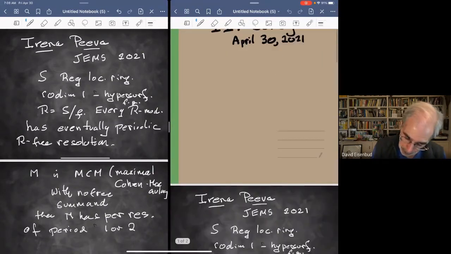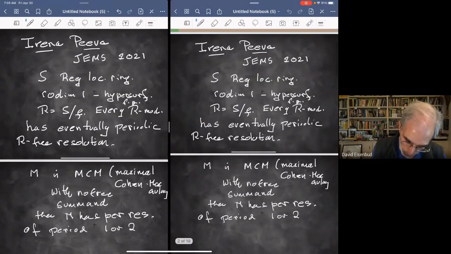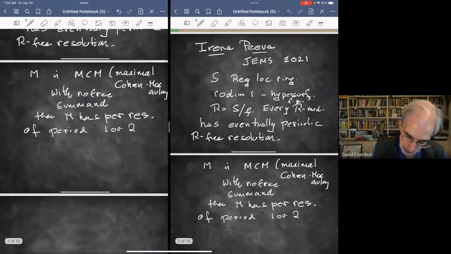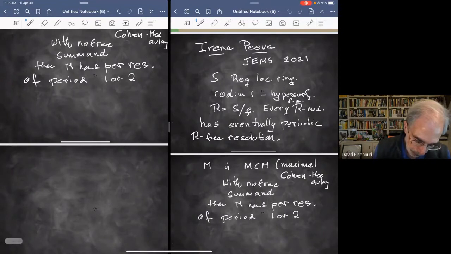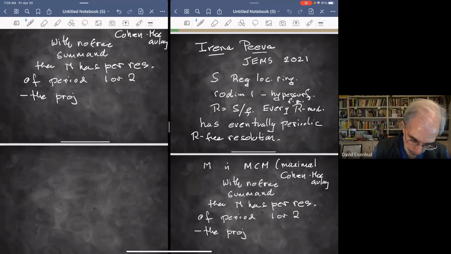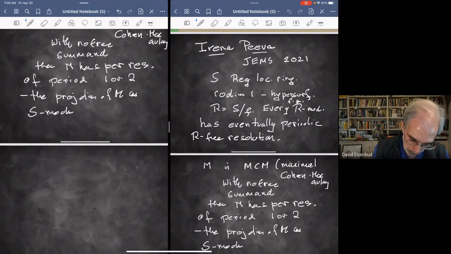And they're easy to describe, these periodic resolutions, because the projective dimension of M as an S-module, PD_S M, is exactly 1.